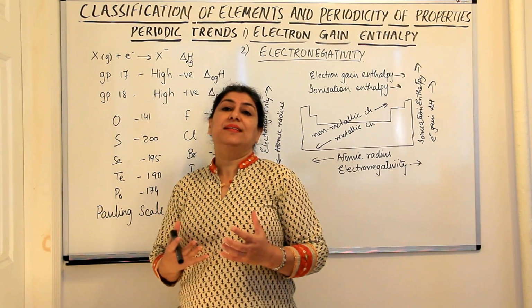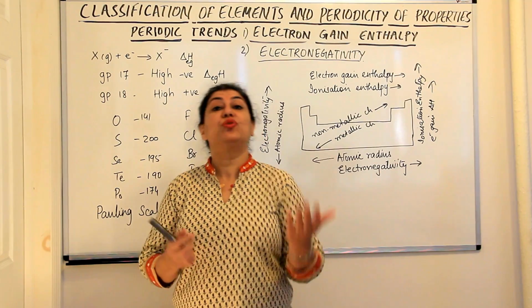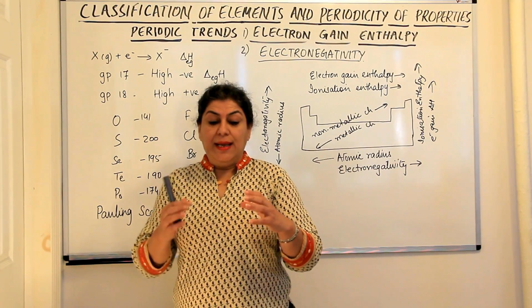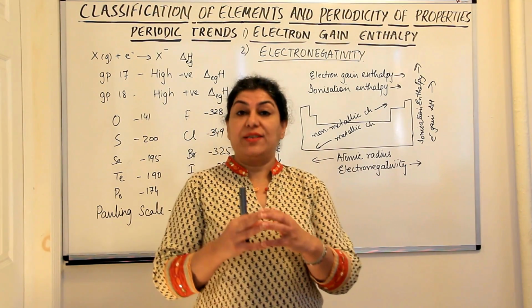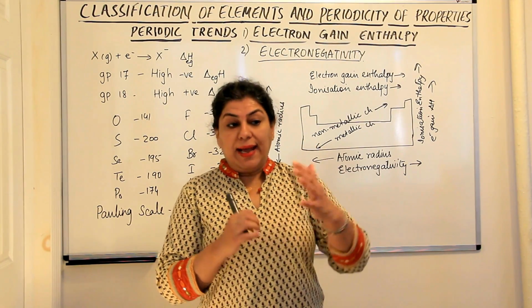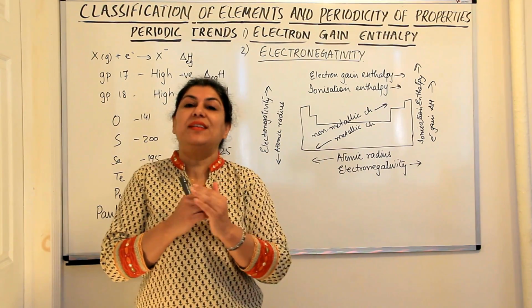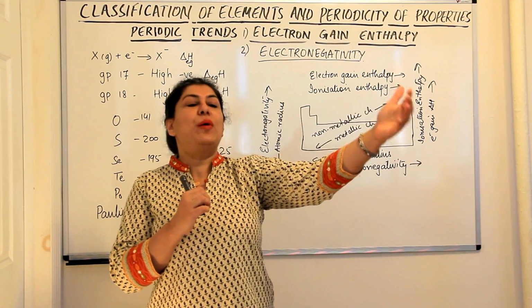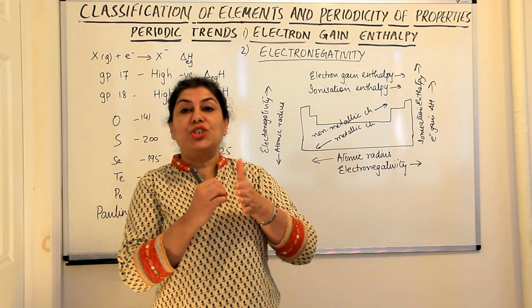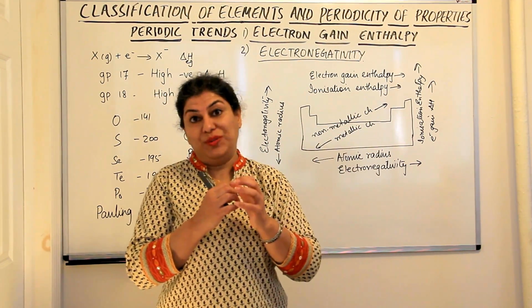What is the factor that would make it easier for an atom to gain electrons? The smaller the size of an atom, the closer are the outermost electrons to the nucleus. And the closer they are to the nucleus, the more attracted they are to the nucleus. Therefore, when you add an electron which is coming into a lower shell, it would be easier to push in an electron there.